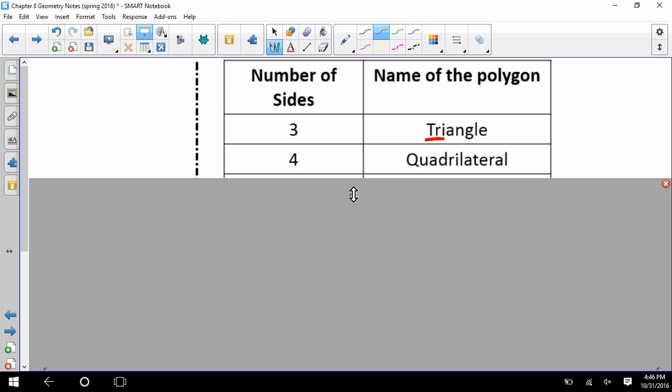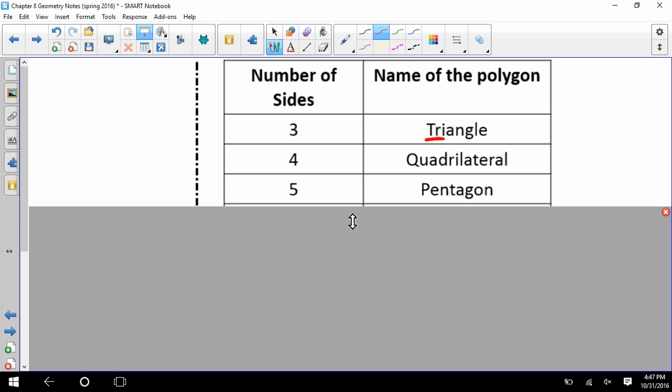A 4-sided figure is a quadrilateral. So the quad in front is the 4. Now you may be thinking, but isn't a square a 4-sided figure, and a rectangle, etc.? Yes, but the class that we call every single 4-sided figure is a quadrilateral. Then we have some special types of quadrilaterals that we can talk about. We're actually going to talk about those this chapter.